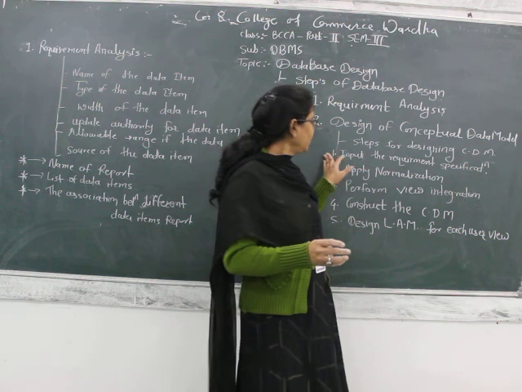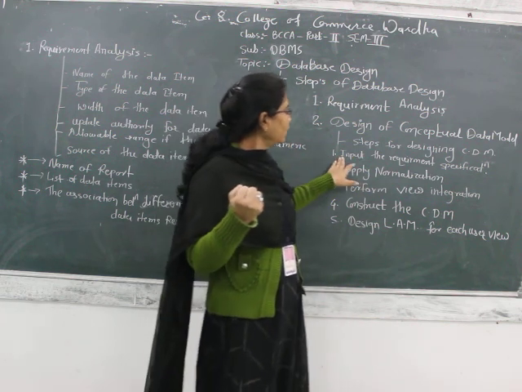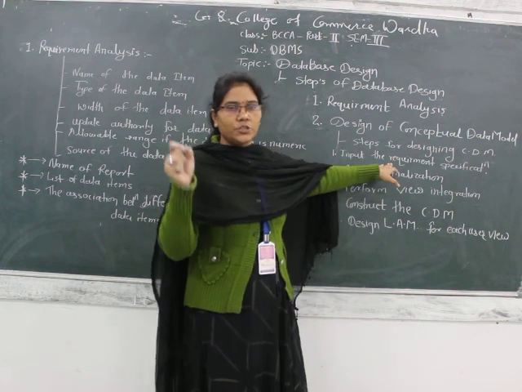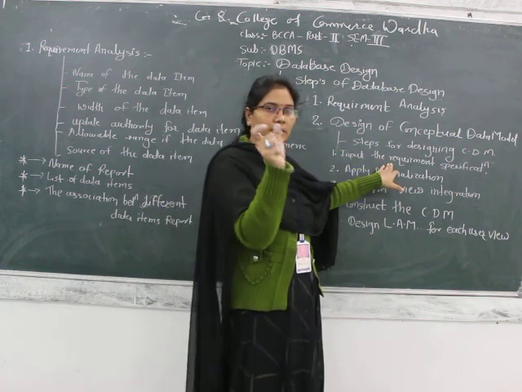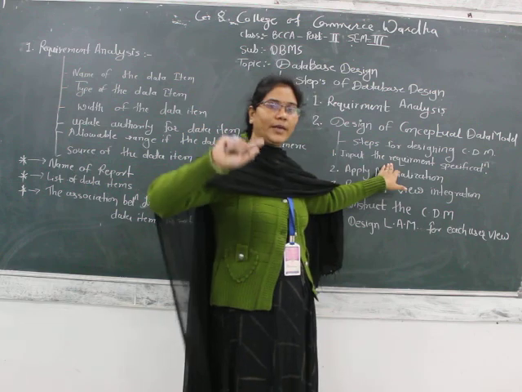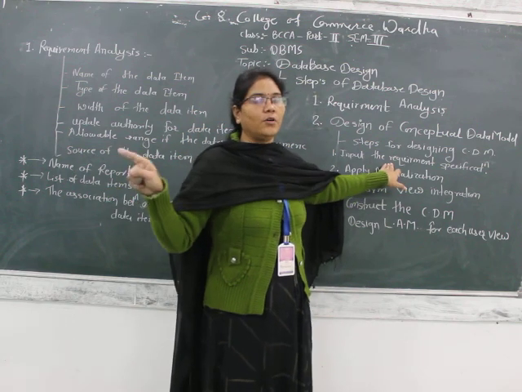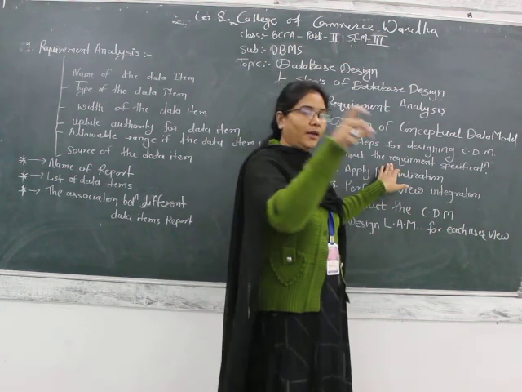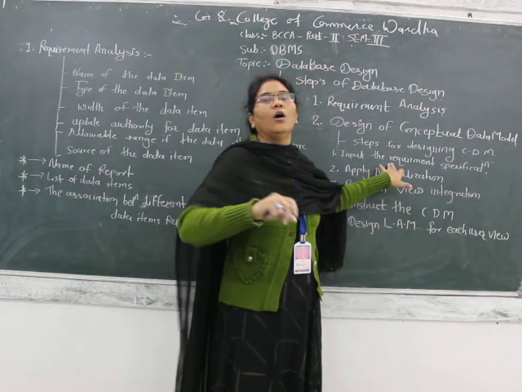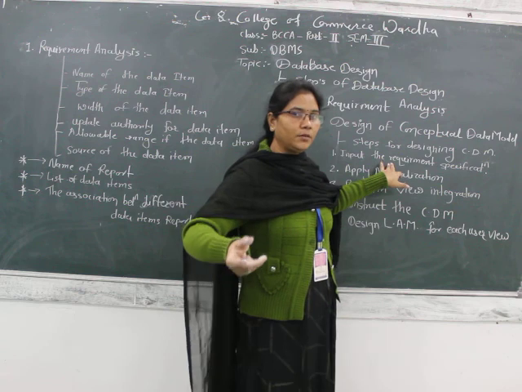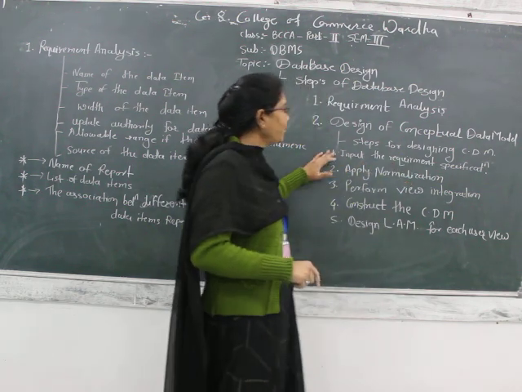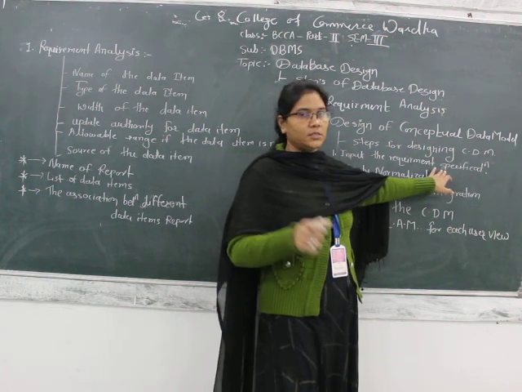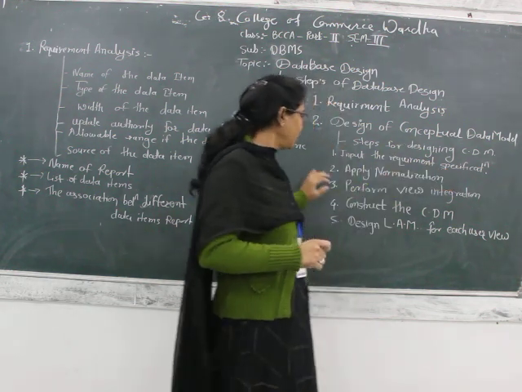After getting that information, we specify which data is actually needed by that particular department, and who is entering that data. We can enter it directly by the user, or we can derive that data from another field. So input that particular requirement specification. This is the first step of the conceptual data model.